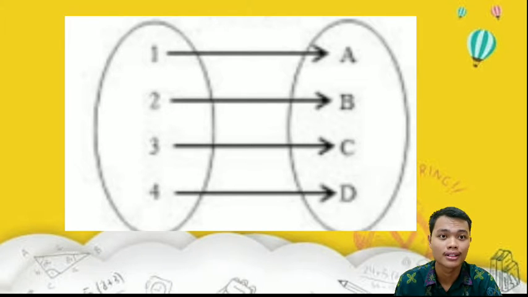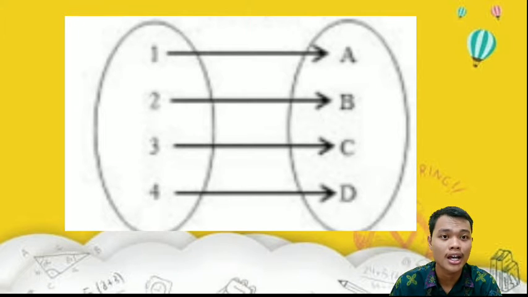In the left oval, the members 1, 2, 3, 4 are the domain. In the right oval, the members A, B, C, D are the codomain.